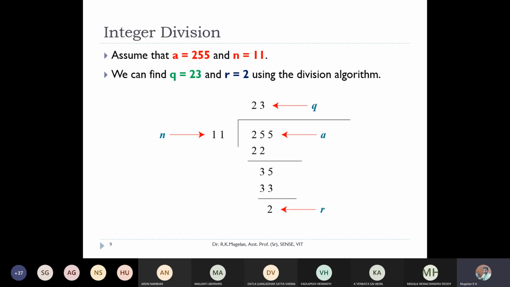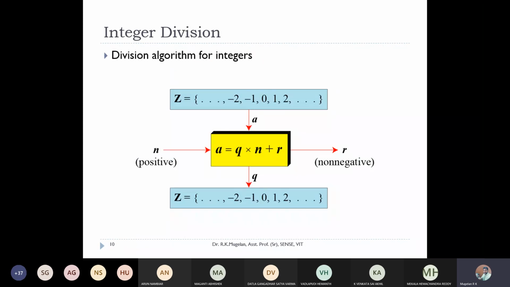So assume a is 255 and n is 11 and you divide a by n. Here the value 23 is the quotient and 2 is the remainder. This is called the division algorithm.